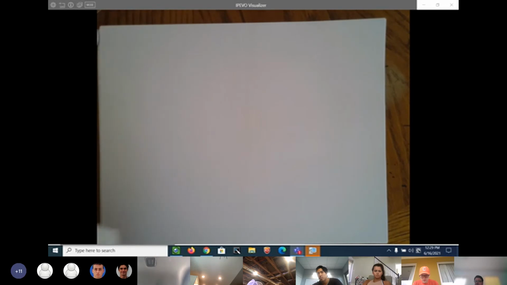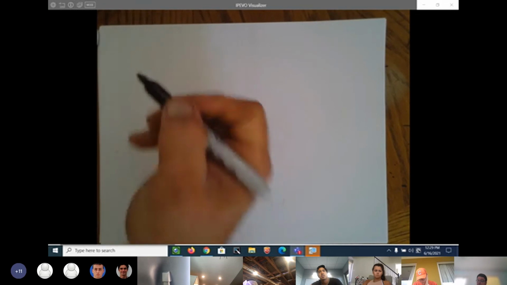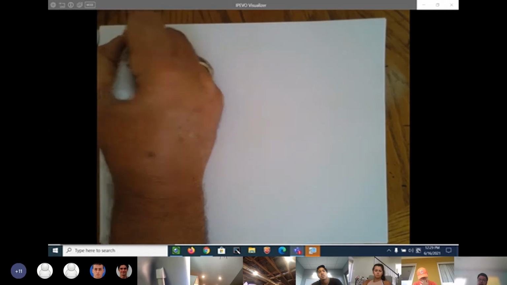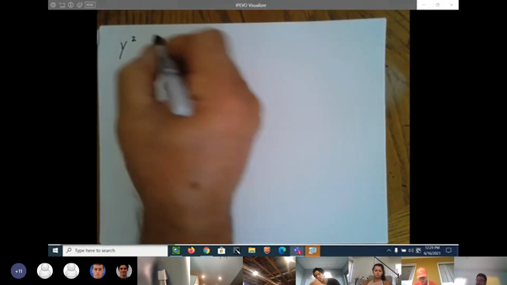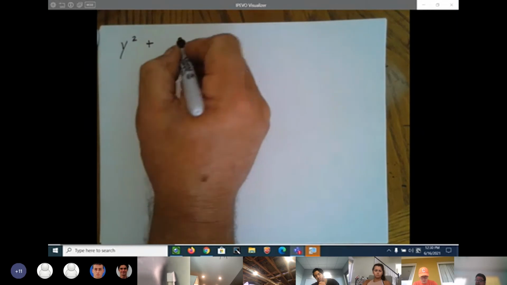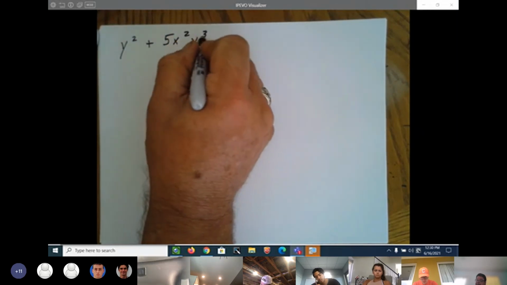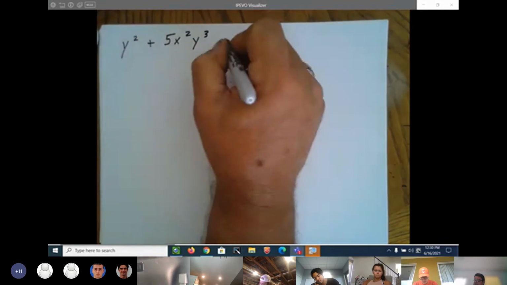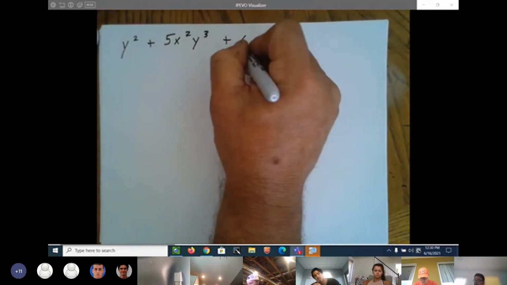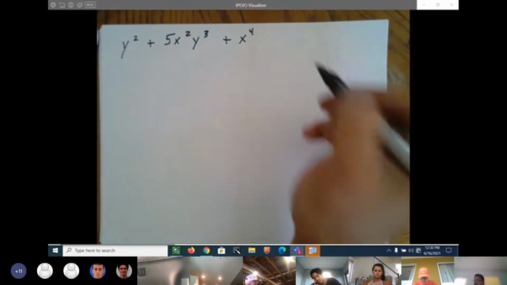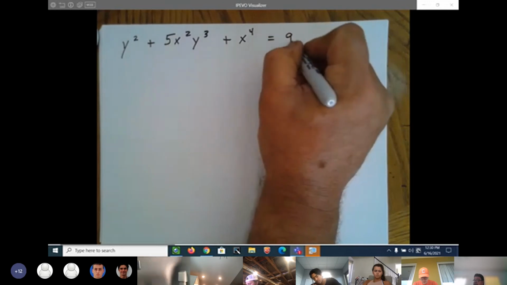Time to break out the new pens. Y squared plus 5x squared y cubed plus x to the fourth is equal to 9.